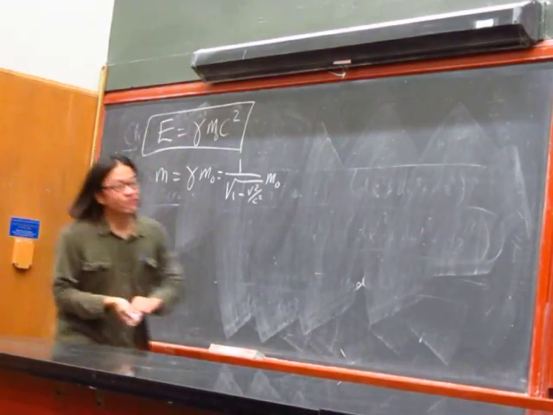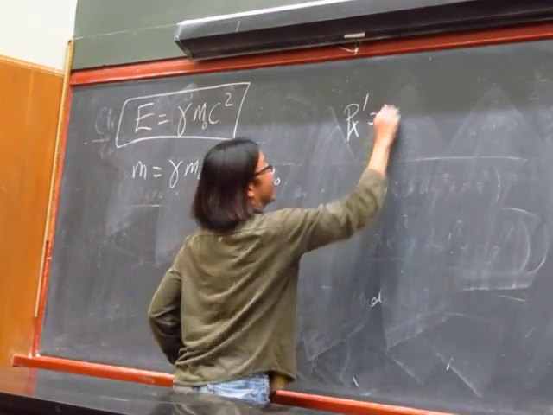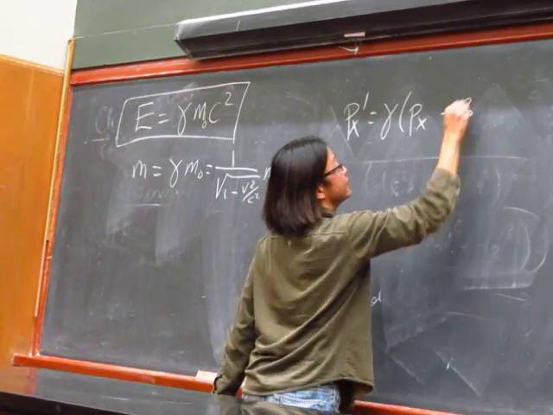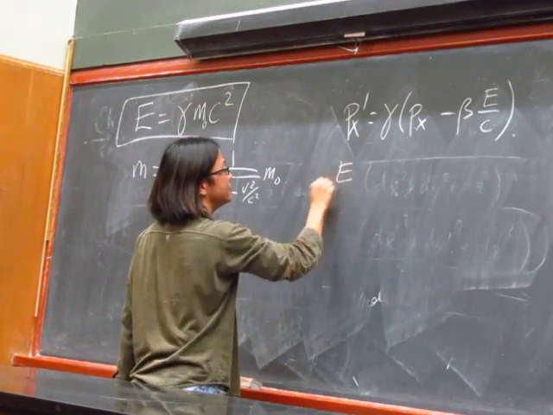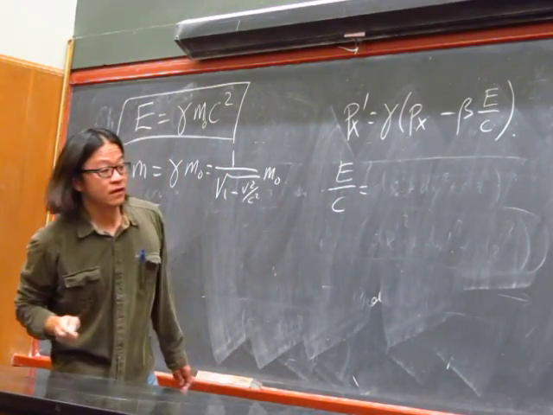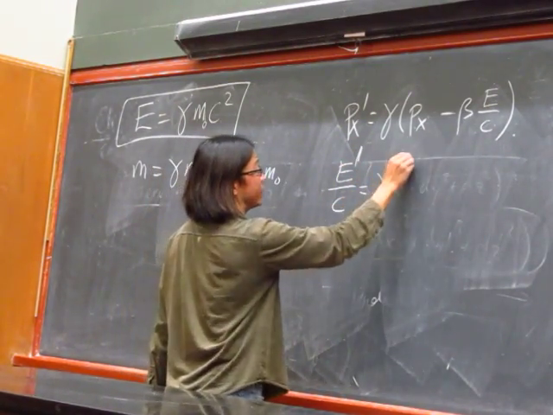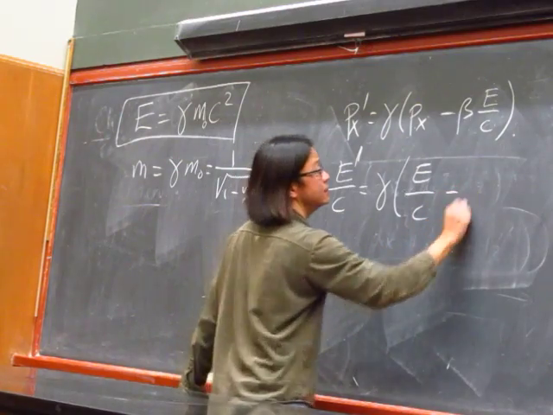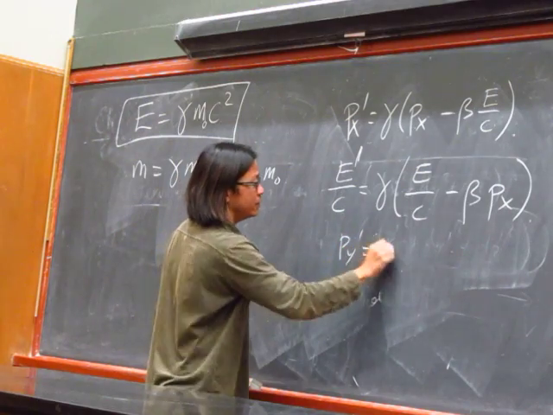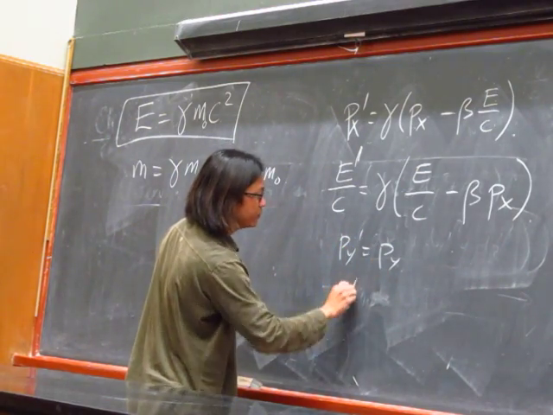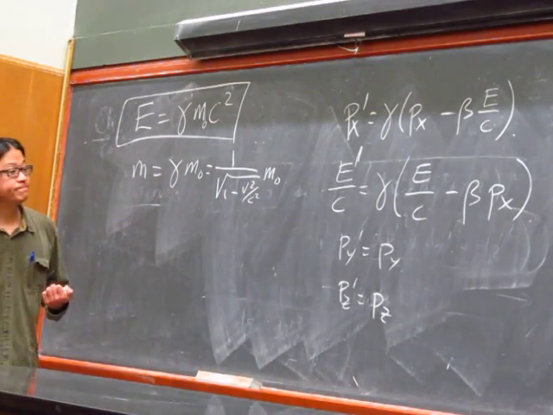Right? So when I have an object like this, then the transformation is given by dx prime equal to gamma (dx minus beta d(ct)), right? And d(ct) prime is equal to gamma (d(ct) minus beta dx). And the usual thing, dy prime is equal to dy, and dz prime is equal to dz. Okay?